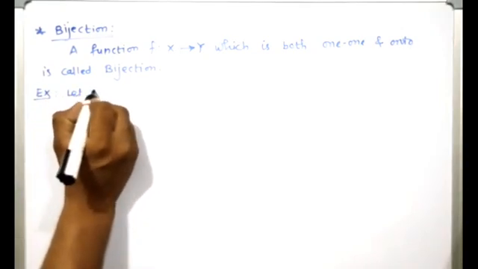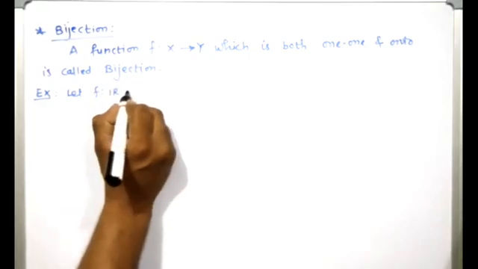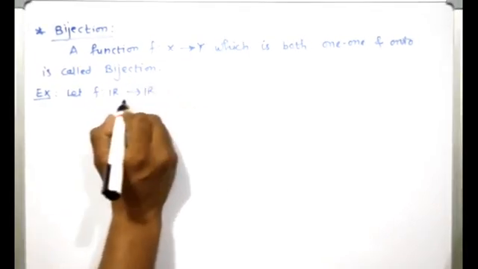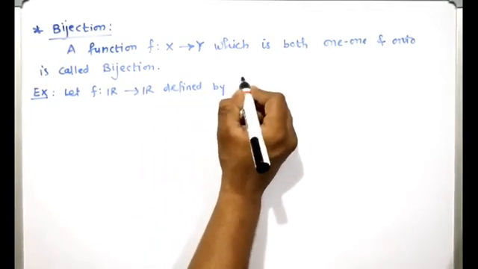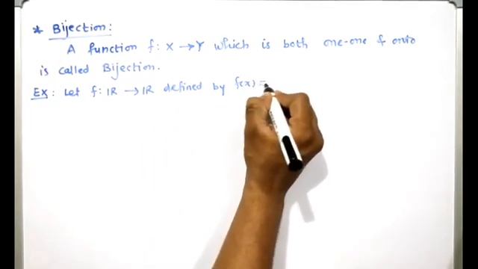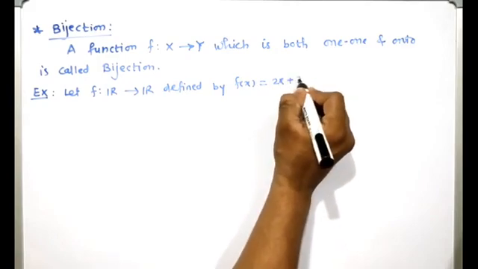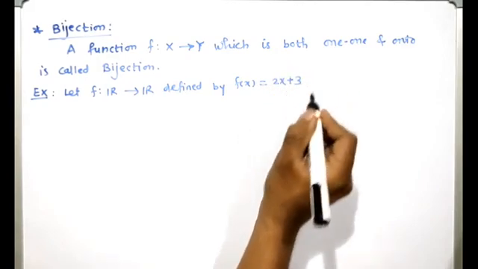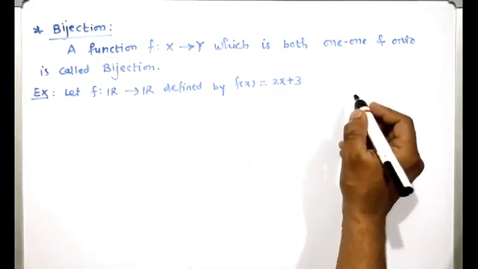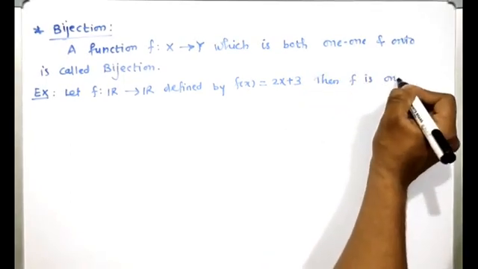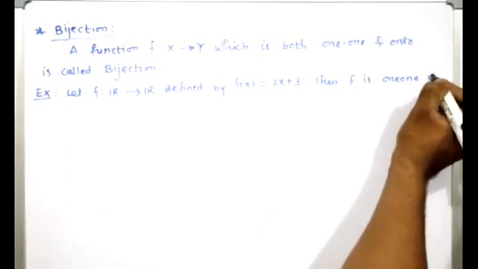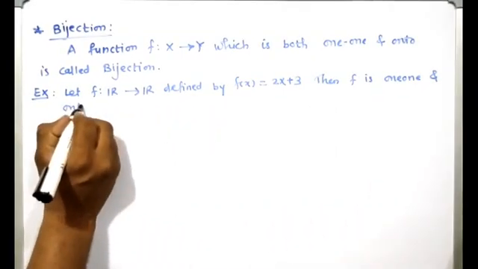Let f from R to R be defined by the function f of x is equal to 2x plus 3. So here the function 2x plus 3, then f is one-one and onto function.